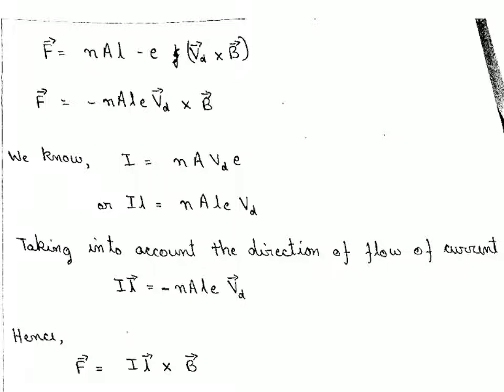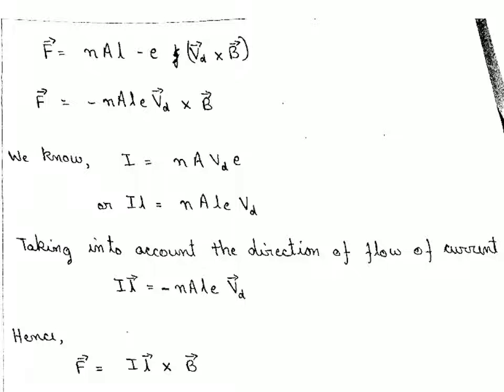So now we again can recall from chapter 3, electric current. The relation between the current and the drift velocity is given as I is equal to nAVde. Now we multiply L on both sides, we'll get IL is equal to nALe Vd. Now this IL, we have talked about this in the last lecture. This is known as the current element, and it is a vector quantity.